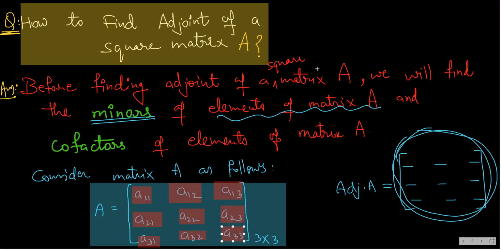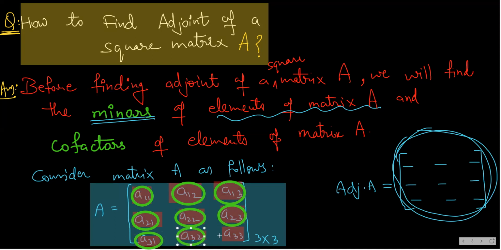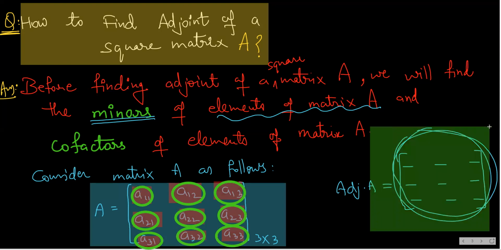And you will have to find cofactors of these elements. So we will have 9 minors and 9 cofactors. Once I have got the cofactors, only then I'll be able to get the adjoint matrix.